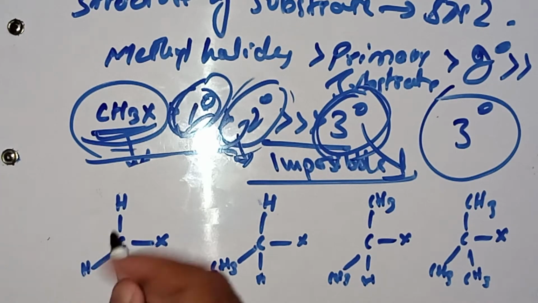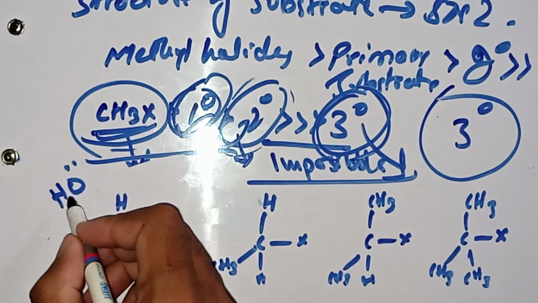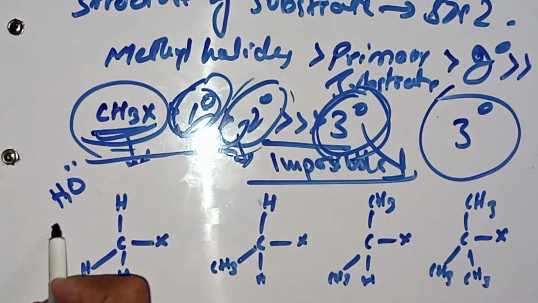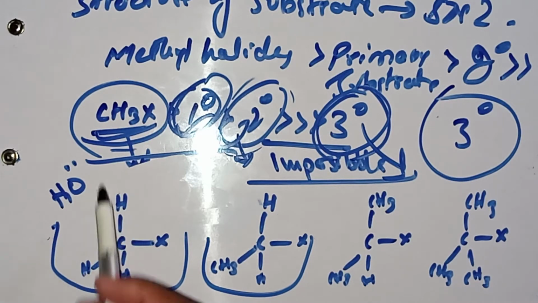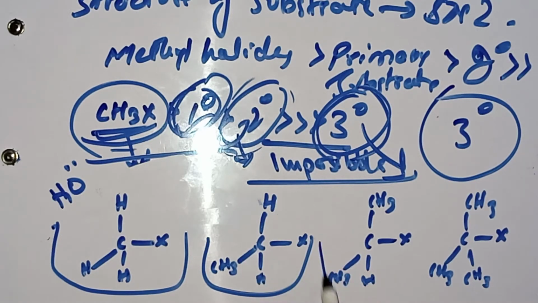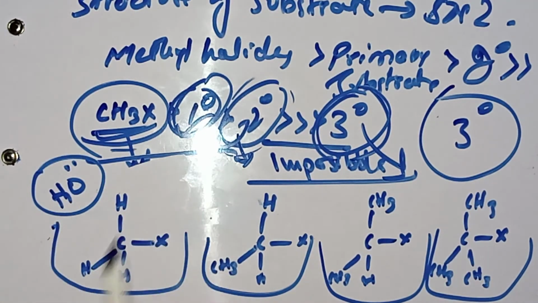When you use the hydroxide ion as a nucleophile and take four different containers, in the first container only methyl halide is used, in the second beaker primary alkyl halide is used, in the third beaker secondary alkyl halide is used, and in the fourth beaker tertiary alkyl halide is used.